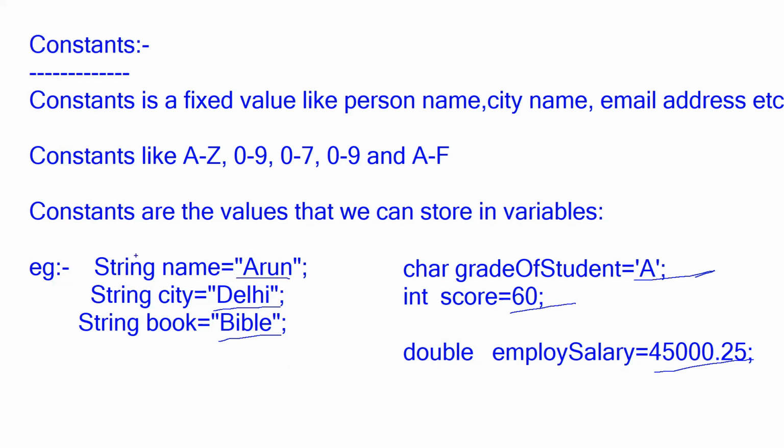So this way the constants are going to be stored in the variables, and there are different types of constants. What constants are available? We are going to see here. All right. So, different types of constants are available.